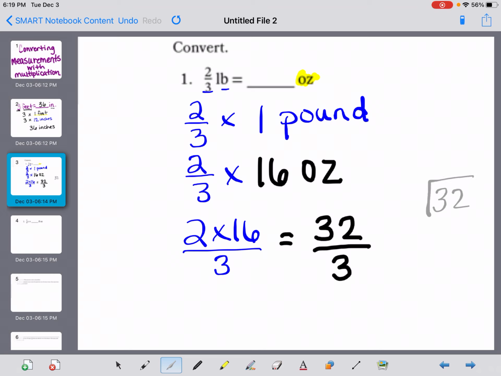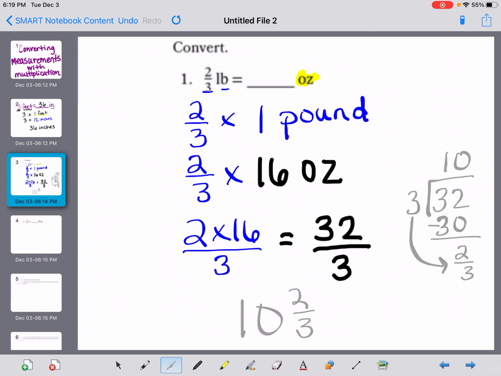Since that is an improper fraction, we're going to come over here and divide it. I know that means I can make 10 groups, but I still have 2 ounces left over. So we have 10 and 2/3 ounces.